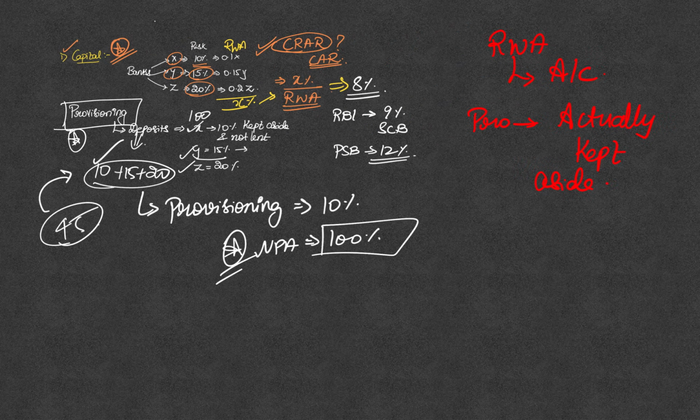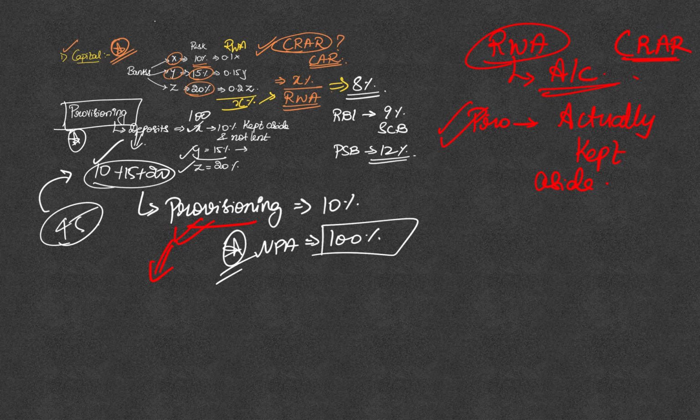Note the point that the risk weighted assets is just an accounting concept. It is not actually kept aside by the bank. But when you're talking about provisioning, this money is actually kept aside as a buffer just in case the loans fail. The reason why I've explained this concept of provision is because a lot of candidates get confused between the concept of capital requirements, that is CRAR, and provisioning.